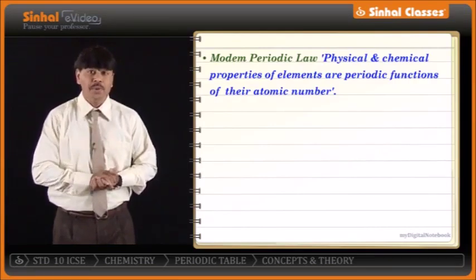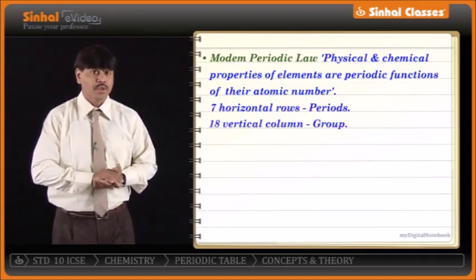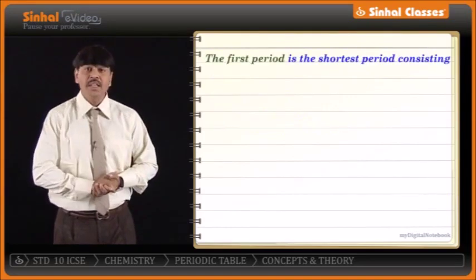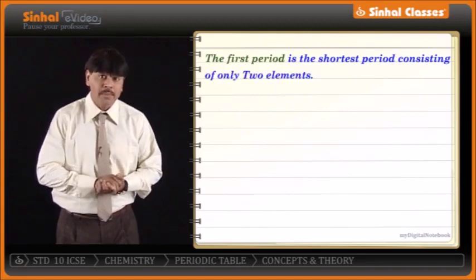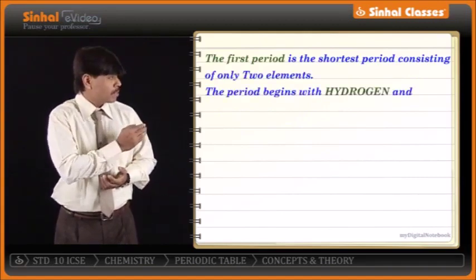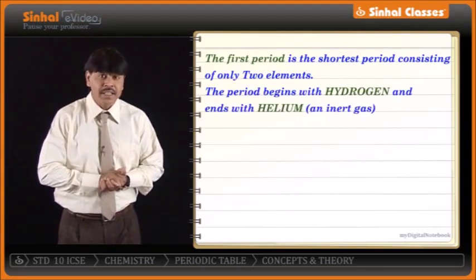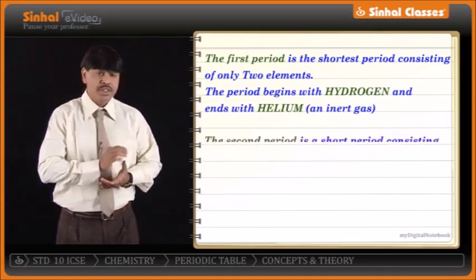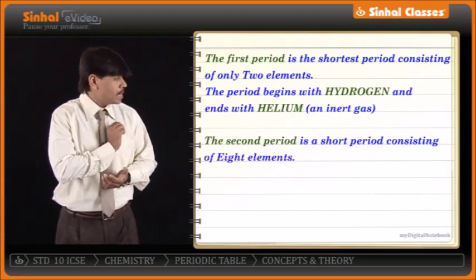In Moseley's modern periodic table, there were 7 horizontal rows, which we call periods. The first period is known as the shortest period, consisting of only 2 elements, beginning with hydrogen having atomic number 1 and ending with helium, an inert gas, completely filled. The second period is called the short period, which consists of 8 elements.